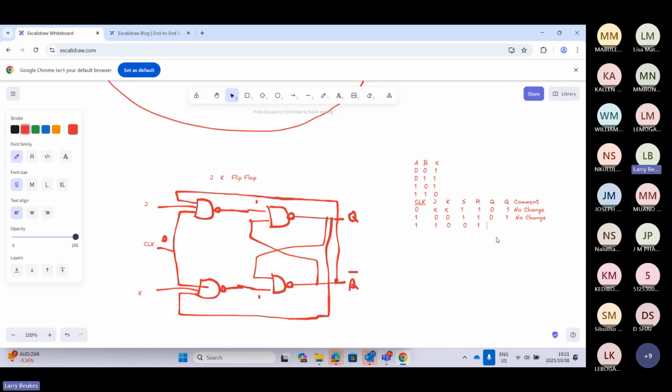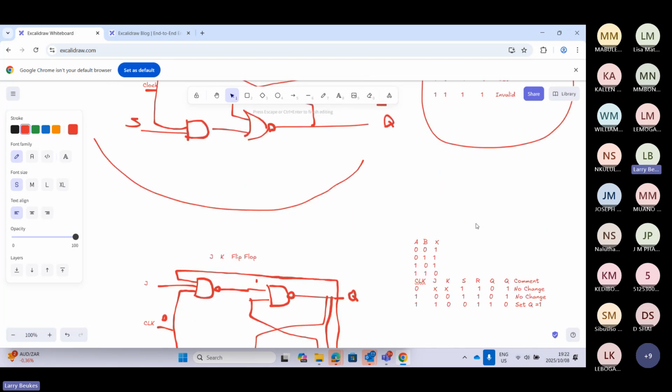Then we know that the Q becomes 1, and this becomes 0, right? Then this, we call it set. Set Y, Q is equal to 1, right? So it was 1, 0, 0, 1 here, 0, 1, 0, 1.